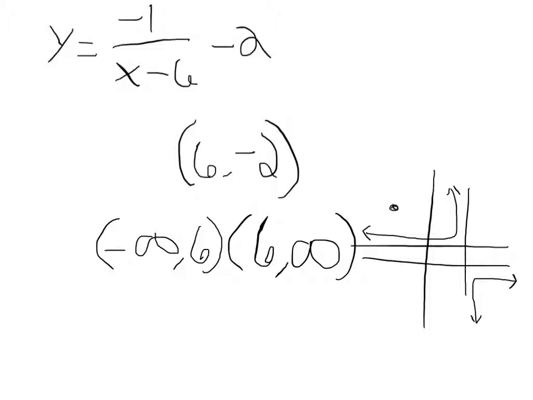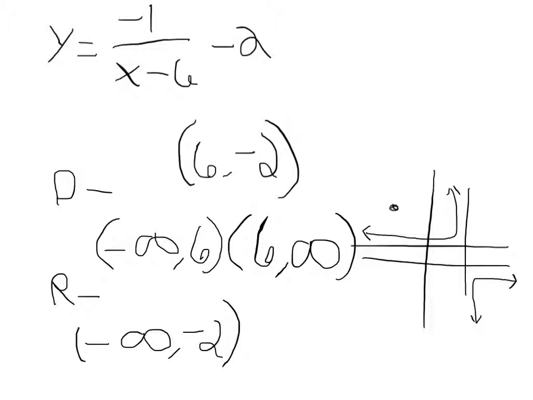Now this is going to be our domain. And now, for our range, we're going to have, again, -infinity to -2, parentheses, very important, and then -2 to positive infinity, just like we had up here with our domain.